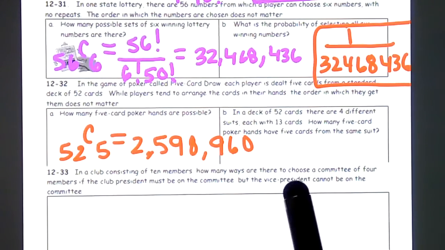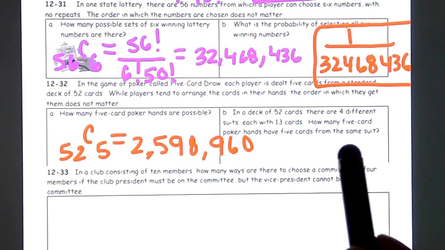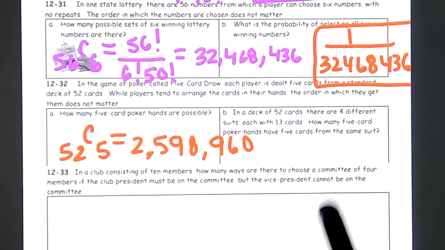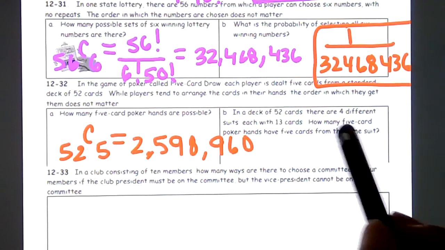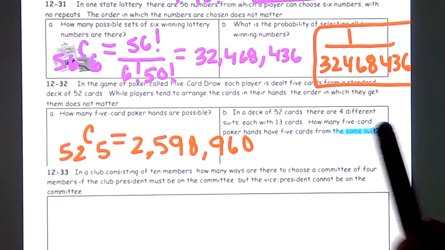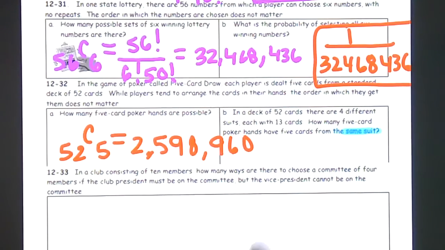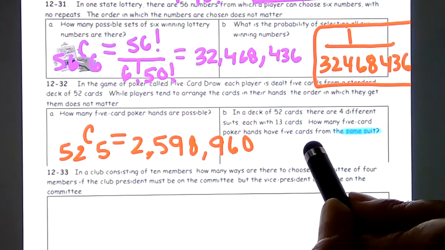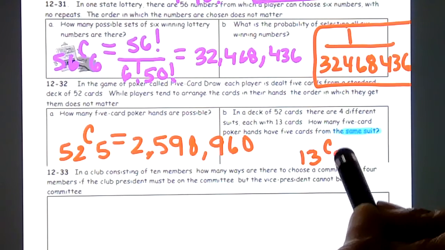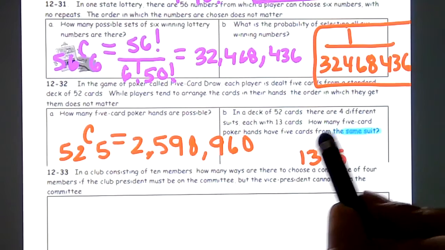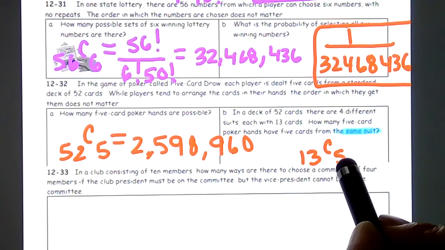Now this one here, it says in a deck of 52 cards, there are 4 different suits, each with 13 cards. How many 5-card poker hands have 5 cards from the same suit? So when I'm trying to get 5 from the same suit, remember there are 13 cards in a particular suit. So I'm going to have 13 choose 5. That's all the ways I can get one suit.